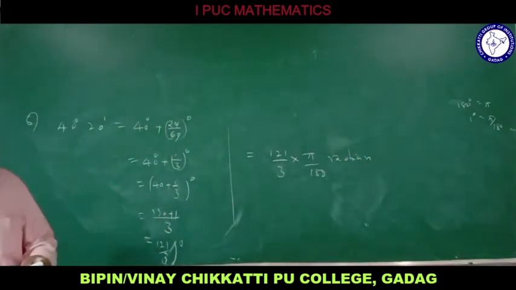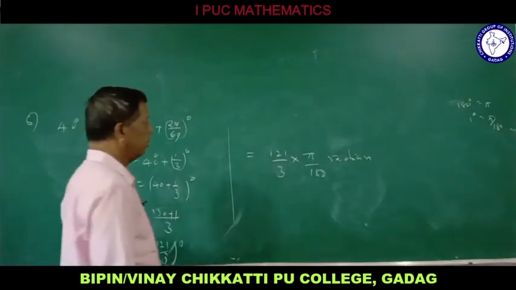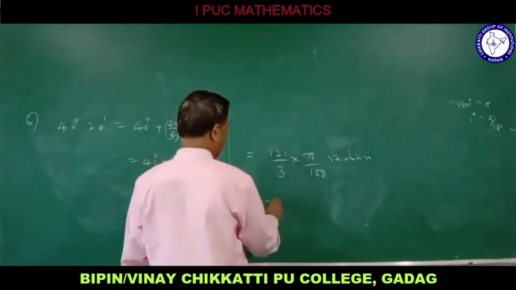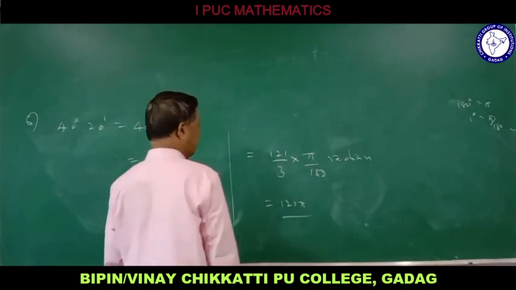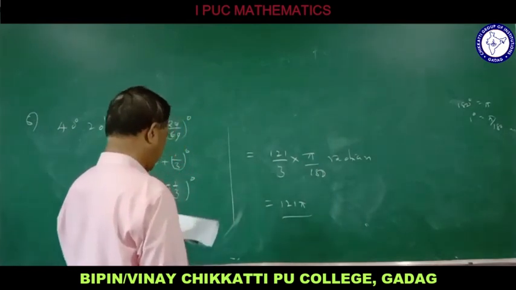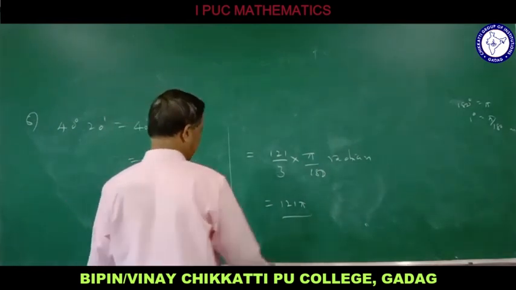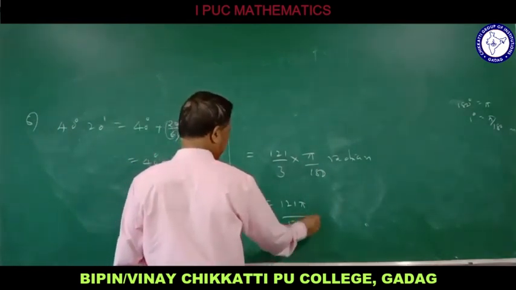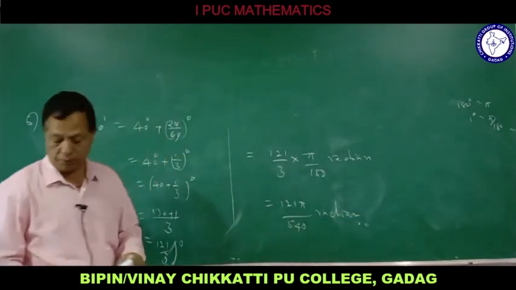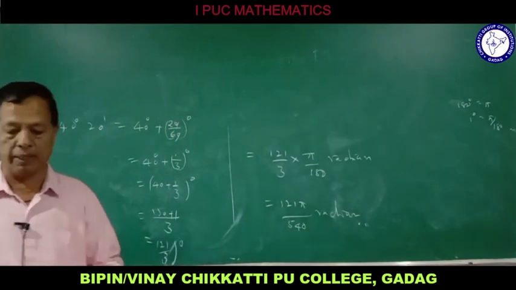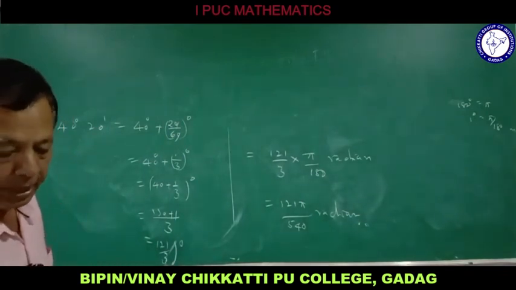And you have to simplify this. Is there any possibility to simplify here now? 121 pi, and 3 18s are 54, so 121 pi by 540 radian.